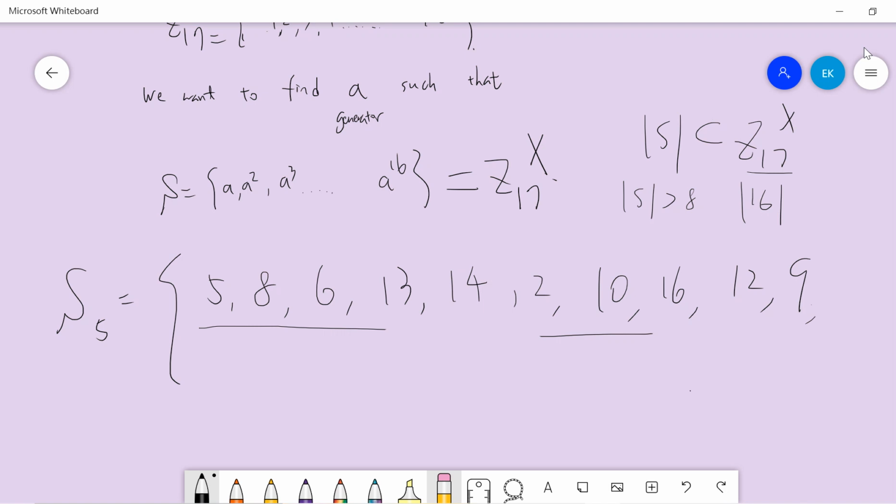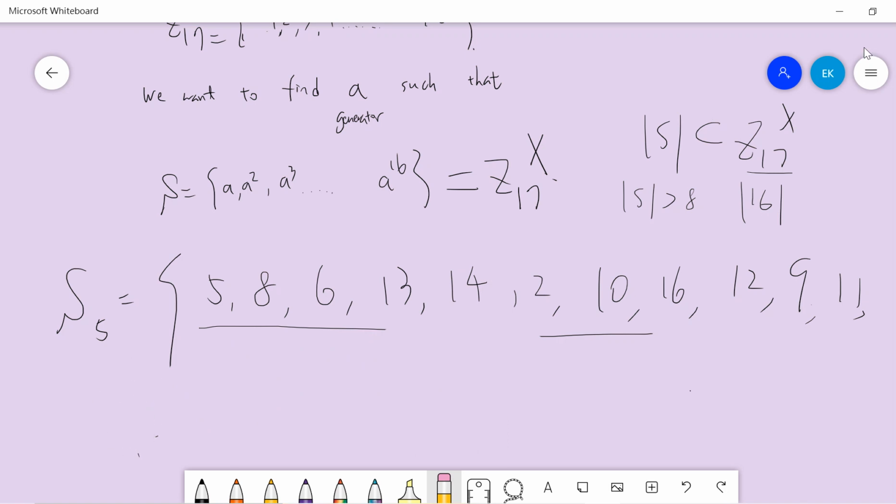So 9 times 5 is 45. 45 modulo 17 is 11. 11 times 5 is 55. 55 modulo 17 is 4. And 4 times 5 is 20. 20 modulo 17 is 3. I missed something, let me see.